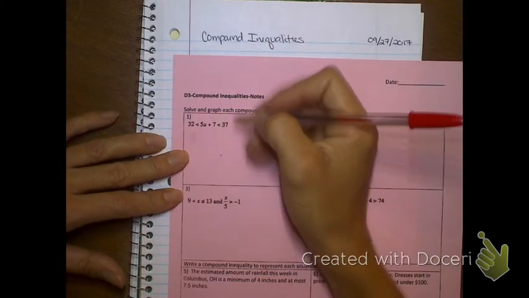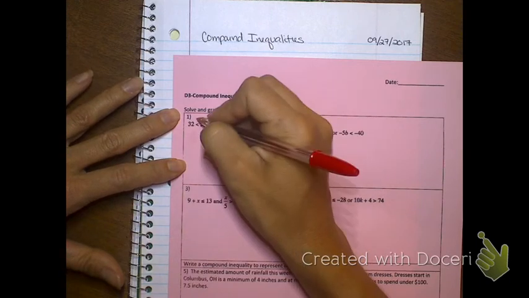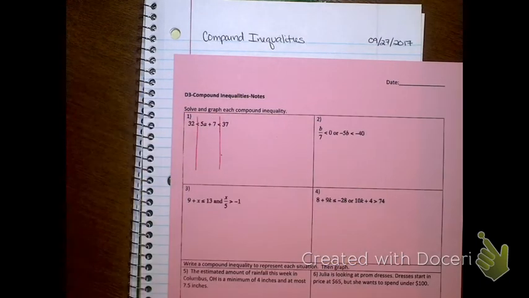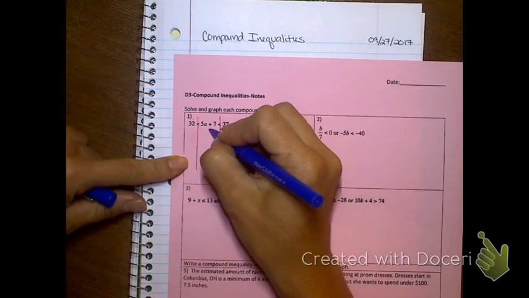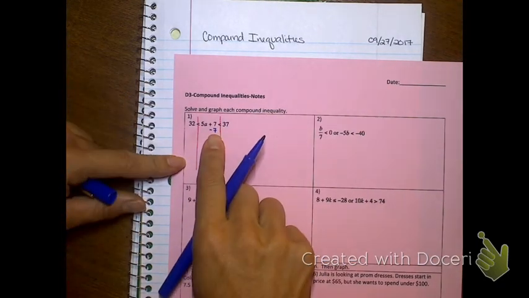So what you guys are going to do is draw a line through both inequality symbols that you have. And you guys told me that if you were solving this, your very first step would be getting rid of 7, right? So we're going to go ahead and subtract 7 from this part here.